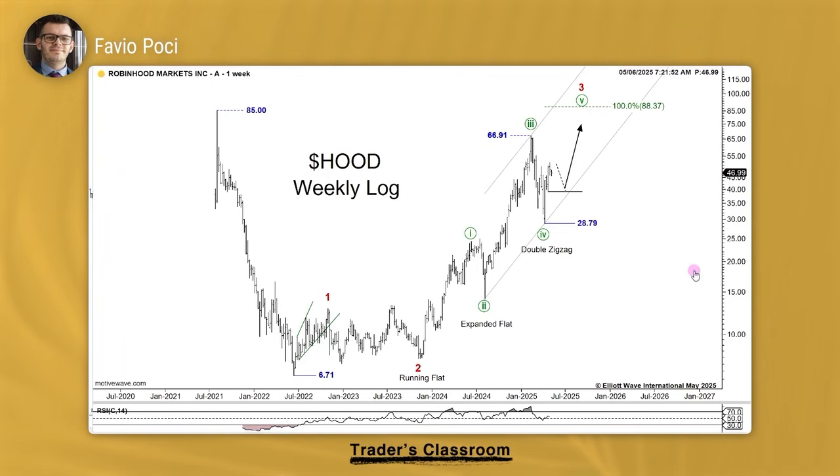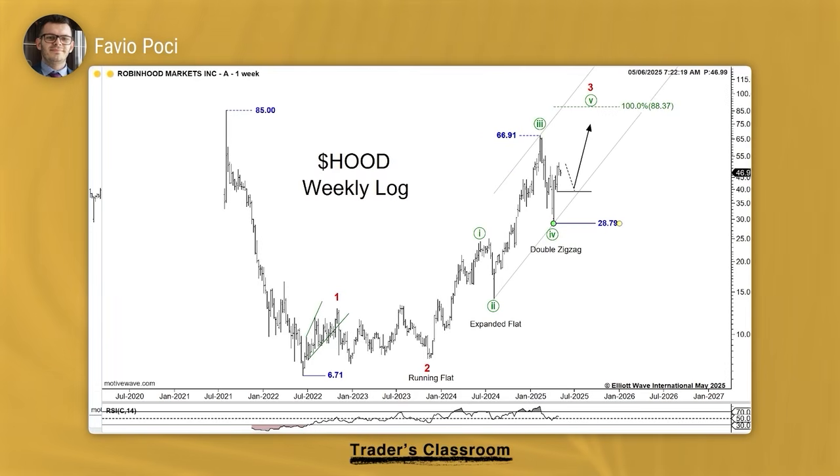But if the market is going to trade below 28.71, then we will have to favor that this is wave 1 done, a cycle, and the market is correcting in a larger wave 2. But we're not going to cross that bridge until we see a breach of 28.79.